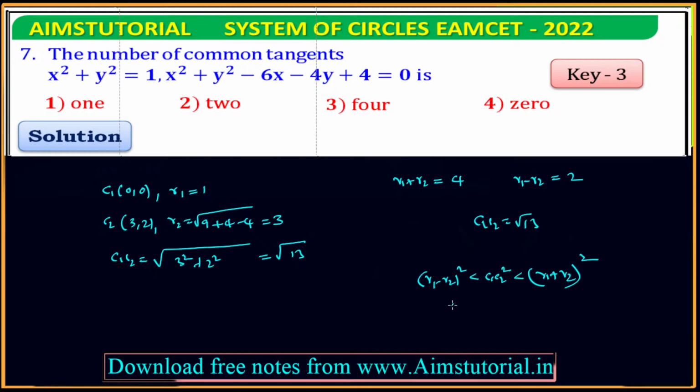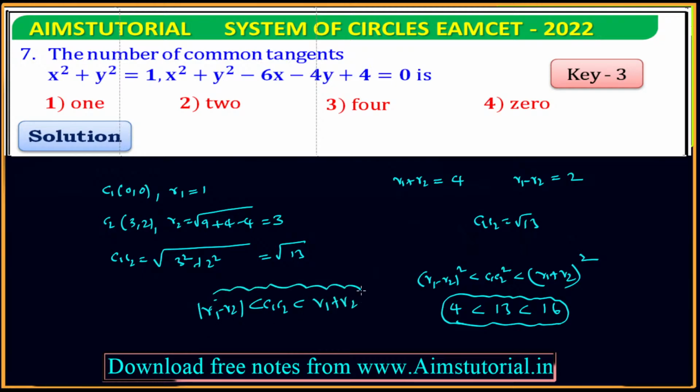So R1 minus R2 whole square is 4, C1C2 whole square is 13, and R1 plus R2 whole square is 16. This means 13 lies between 4 and 16. So C1C2 lies between mod R1 minus R2 and R1 plus R2, which means our two circles intersect each other.